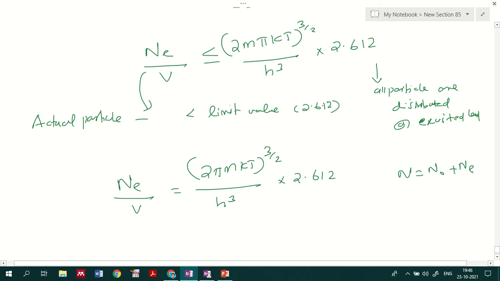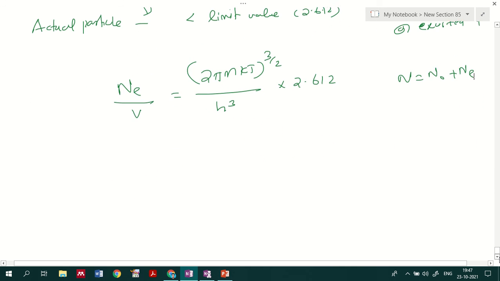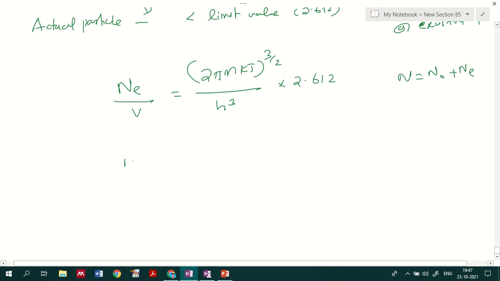N0 plus Ne, that is the total number of particles at the ground state plus the total number of particles at the excited state. Okay, now from this representation, one can say that the number of particles at the excited state, Ne, is equal to V into (2 pi m kT) raised to 3 by 2 divided by h cube into 2.612.